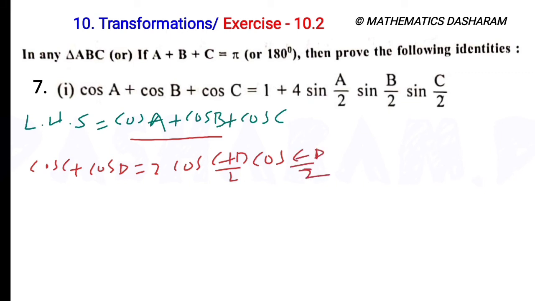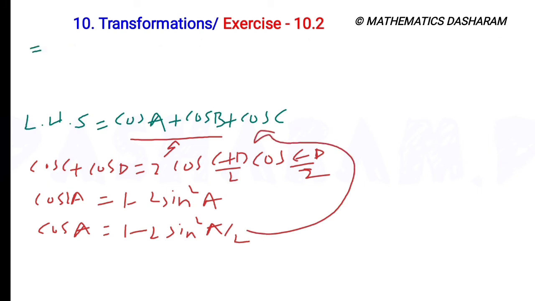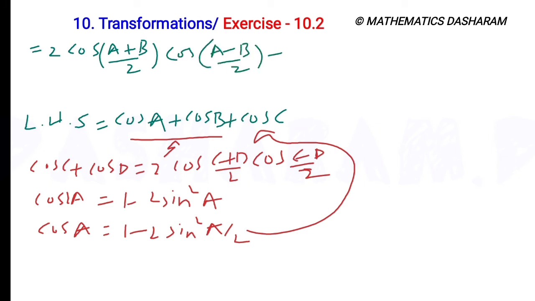Next, cos 2a equals 1 minus 2 sin square a, then cos a will become 1 minus 2 sin square (a by 2). This is the formula for the first two terms, and this is the formula for the last term. So it is equals to 2 cos ((a plus b) by 2) into cos ((a minus b) by 2) plus 1 minus 2 sin square (c by 2).